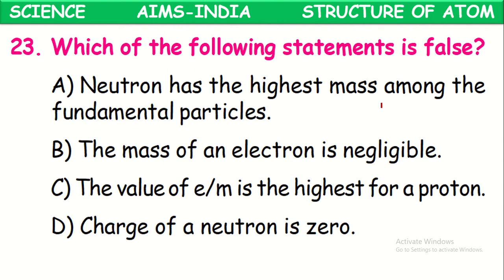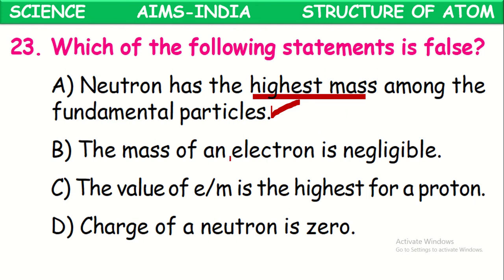Next, which of the following statements is false? See the statements once. First one, neutrons have the highest mass among all the fundamental particles. Of course, it is correct. Actually, we say neutron and proton have almost a similar mass, but to say accurately, the mass of a neutron is slightly greater than that of a proton.